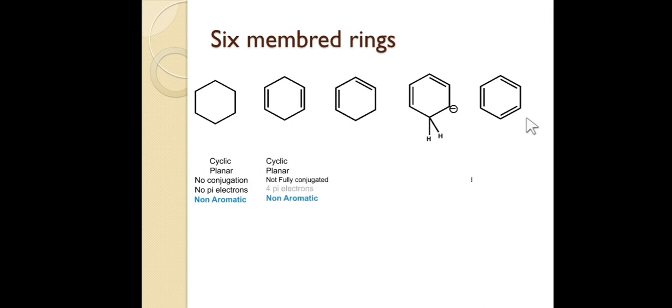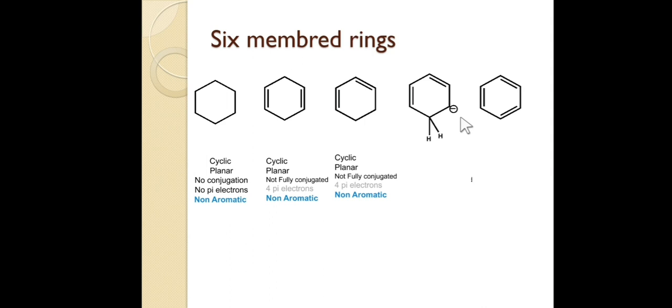Now how about the third one? Is it cyclic, planar, fully conjugated? No, it's not fully conjugated, so it is again a non-aromatic compound. How about the fourth one? Is it cyclic, planar, fully conjugated? No, there is the CH2 over here. Even some of my students get confused with the 6 pi electron system. Friends, the 6 pi electron system matters only after it is cyclic, planar and fully conjugated.